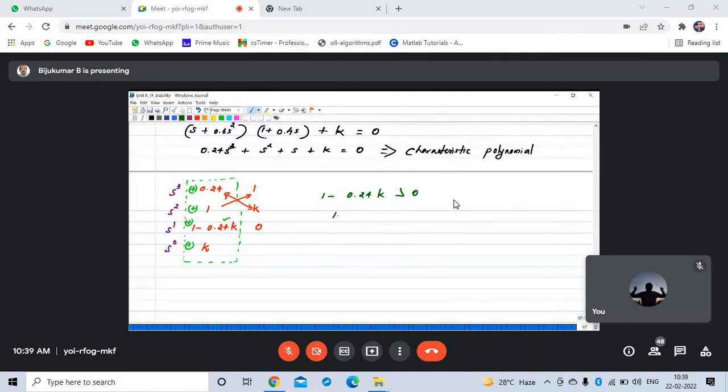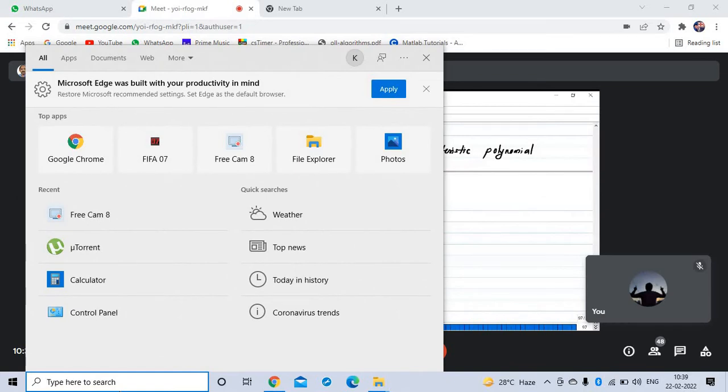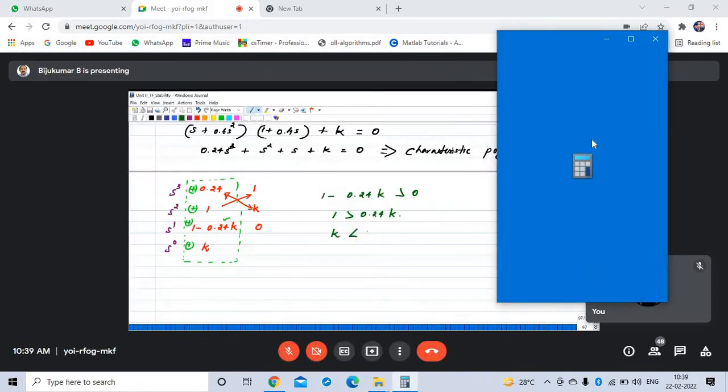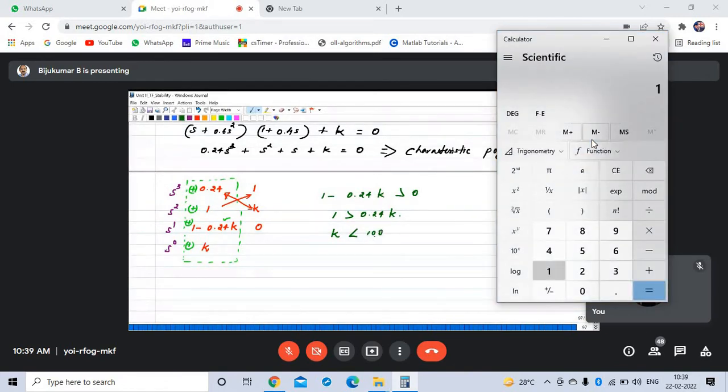K is less than 100/24. How much will it come?